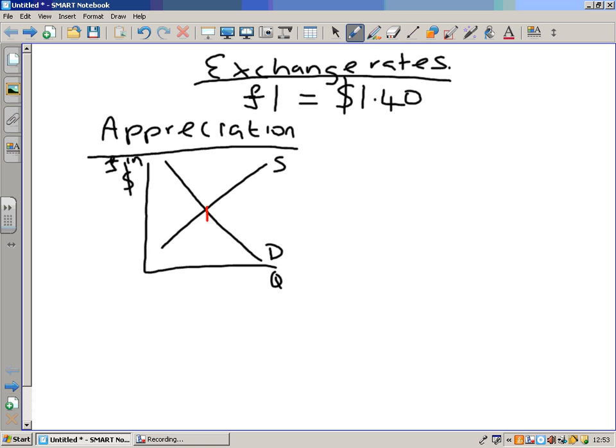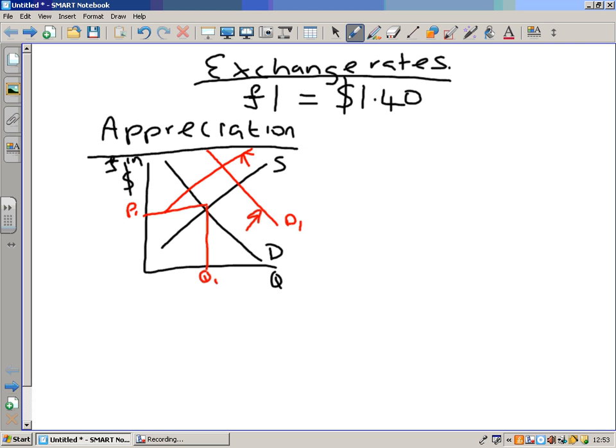That is how we work out our exchange rate. So we've got P1, Q1. If the demand for pounds increased, we would have an appreciation. Value would go up. If the supply of pounds was to fall, then again the value would go up of pounds.